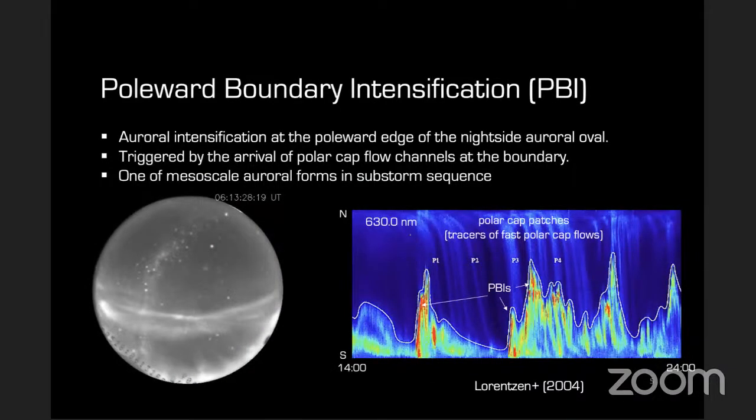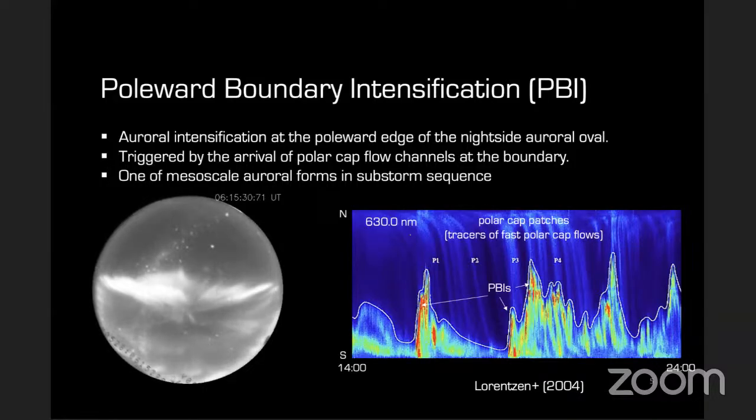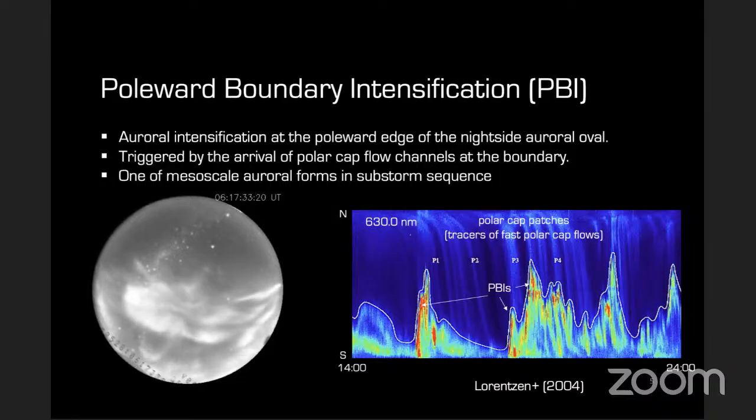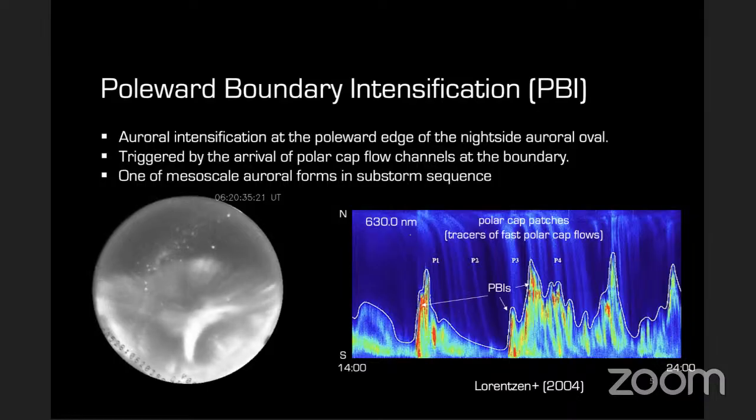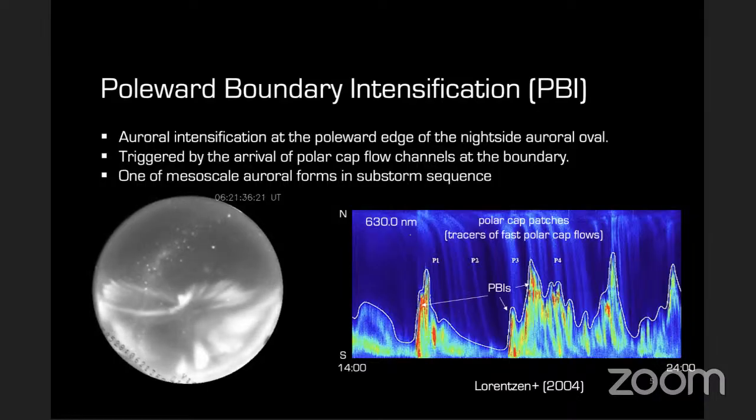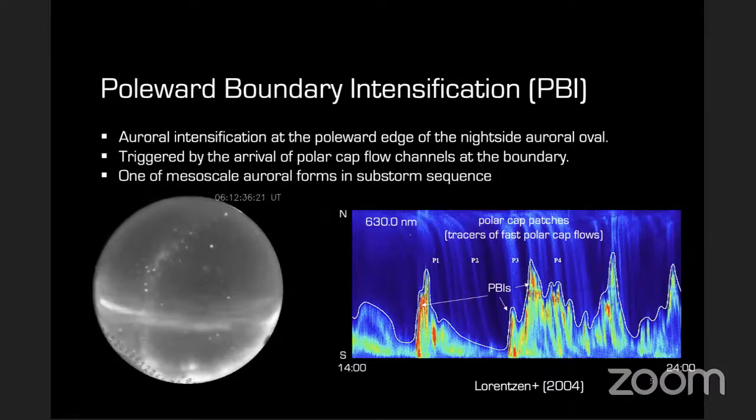So from here, let me show you a couple of examples of poleward boundary auroral phenomena. The first example is poleward boundary intensification, so-called PBI. PBI is one of the most extensively studied poleward boundary auroral phenomena.